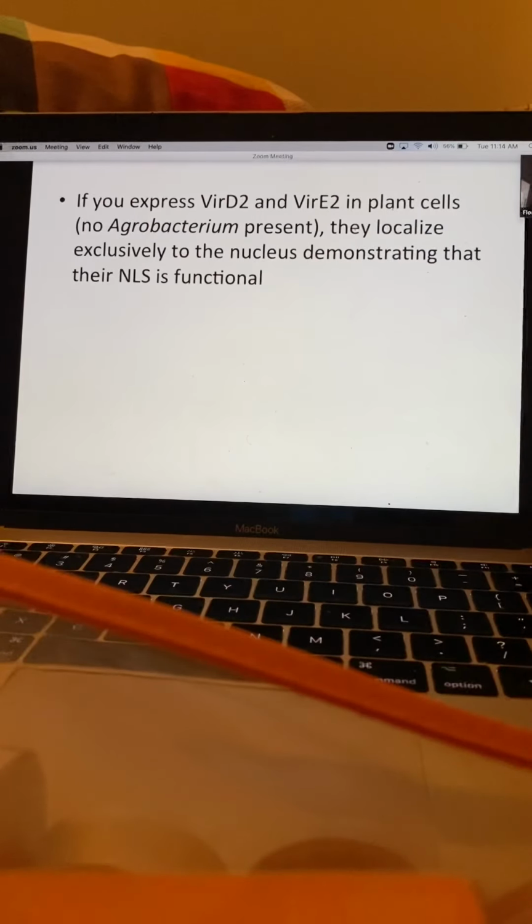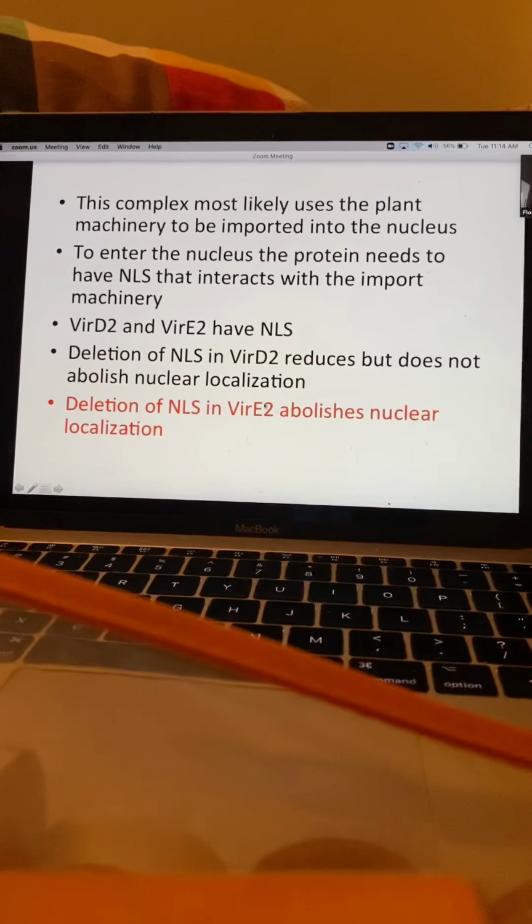The previous experiment, deletion, shows that you require it. In the case of VirD2, it's absolutely essential. And fusing each of these proteins to GFP and localization to the nucleus demonstrates that their nuclear localization signal is functional.